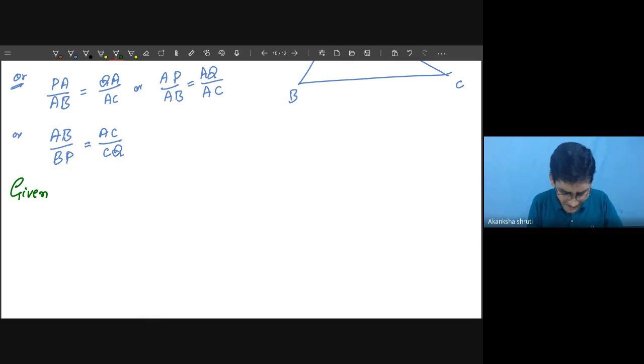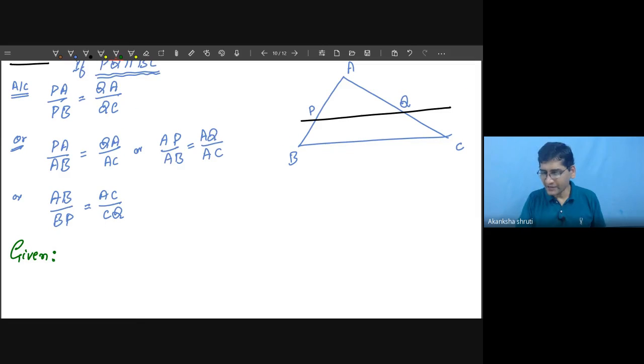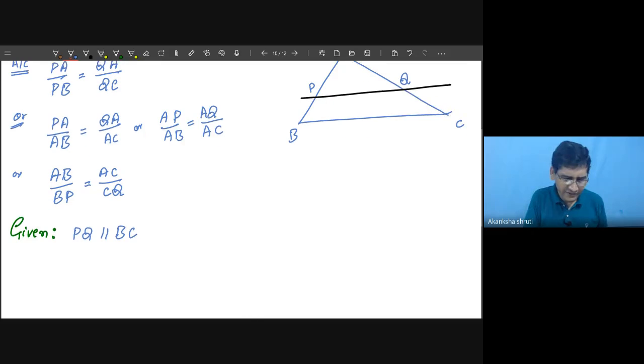So the given thing is the line PQ which is drawn parallel to BC. This is the given condition. Means it can be simply written as PQ is parallel to BC. Then what is to prove?